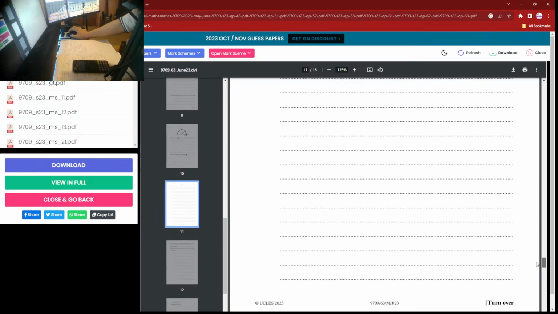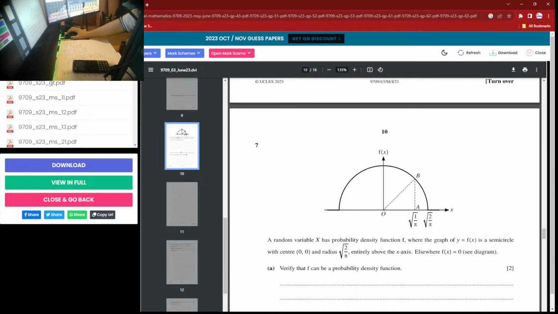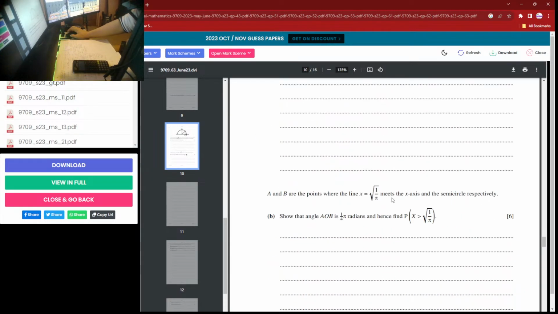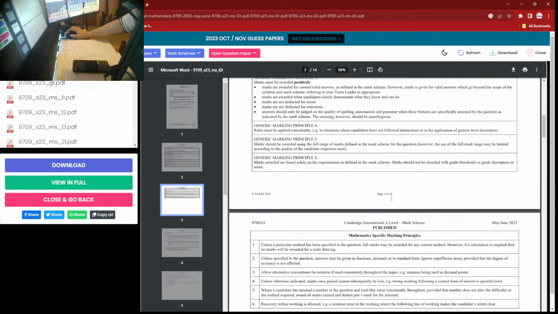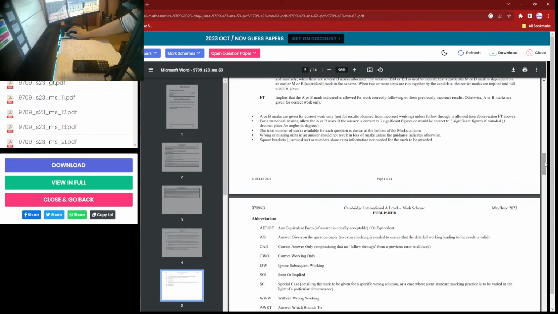Why do we find the curve? Why can't we just use the area of the sector? The area of the sector minus the triangle would give us the answer here. Oh, there's both sides. Wait, no, but that doesn't make a difference as well. 2 times 0.15.